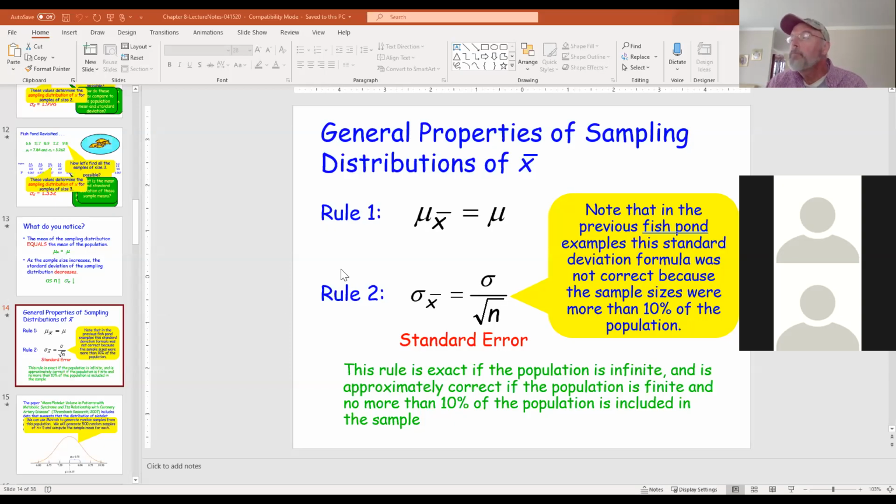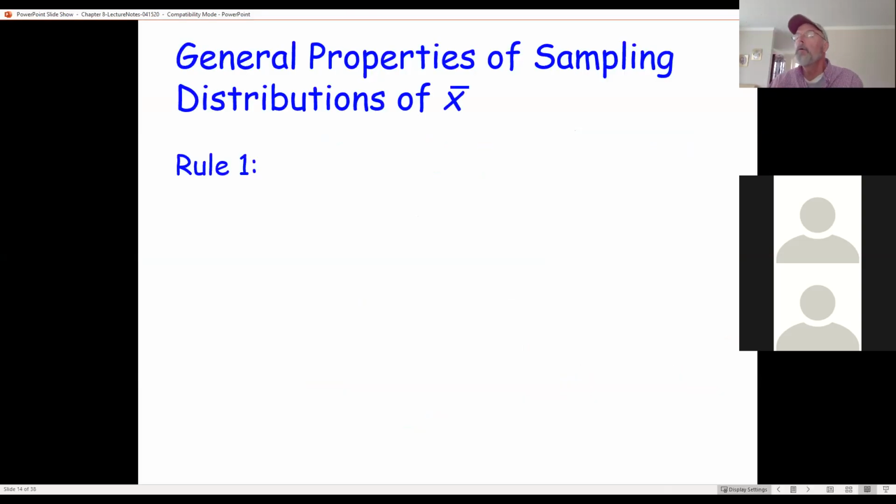Okay. So what we learned here is rule number 1: the average of the sample means is going to give us a very good estimate, if not a very accurate measurement, of the population mean.